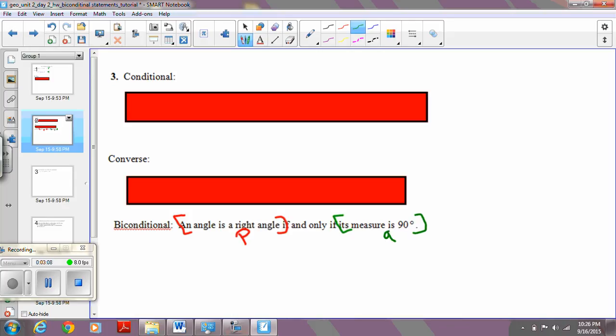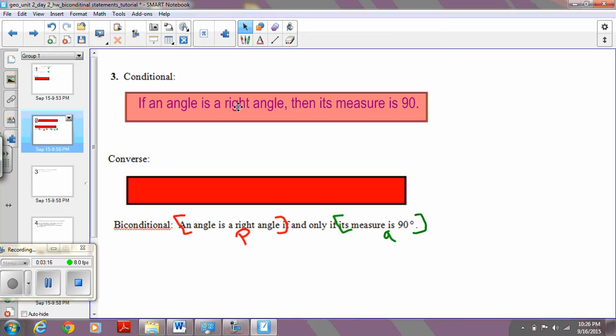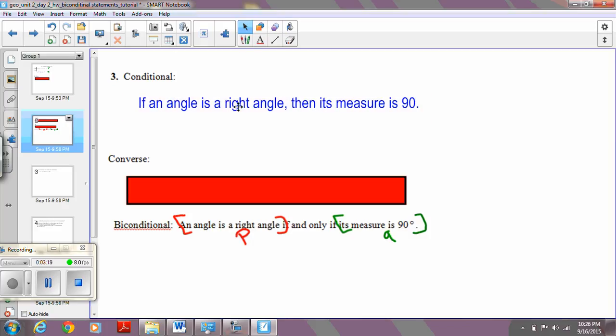So when we write the conditional statement, we write it as if P, then Q. So it would read, if an angle is a right angle, then its measure is 90 degrees. And there should be a little degree symbol here. We can fix that right now.